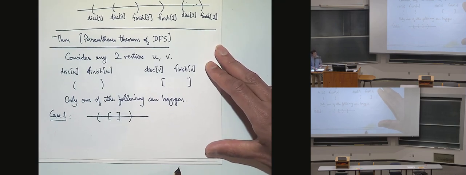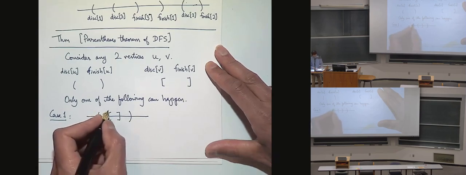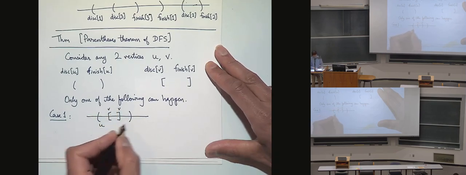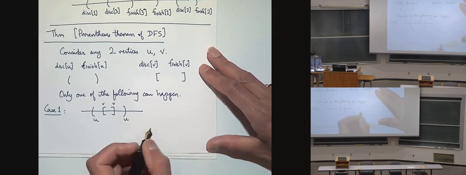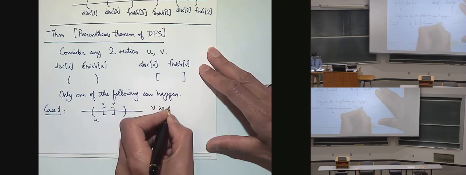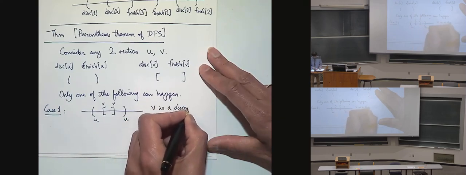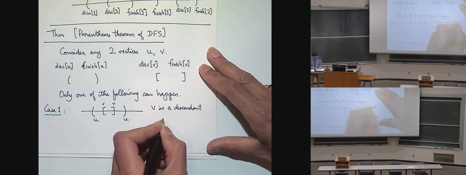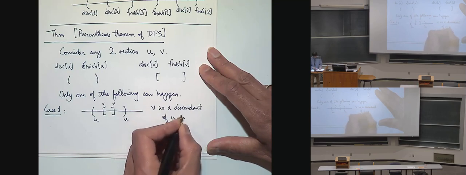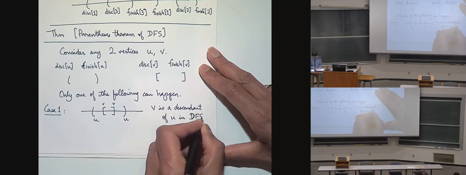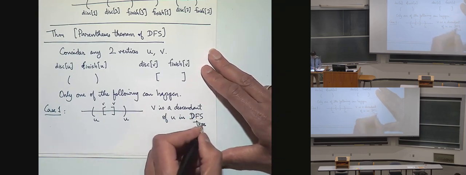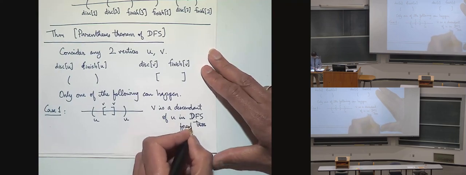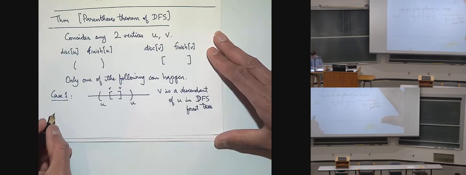So this is V and this is U. And so in this case, V is a descendant of U in the DFS tree, or forest, I should say forest. Okay? So this is case 1.